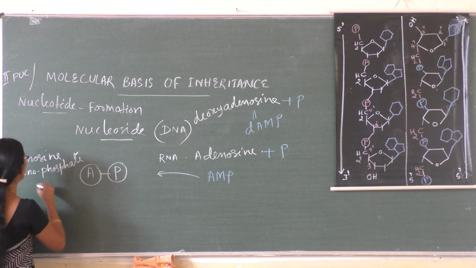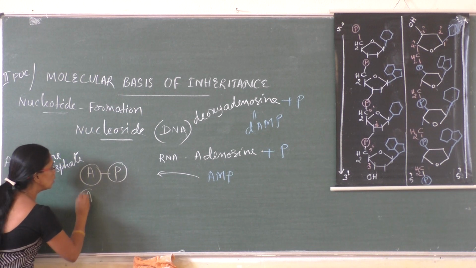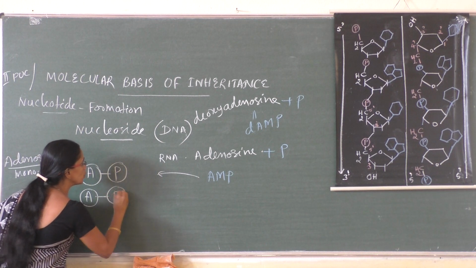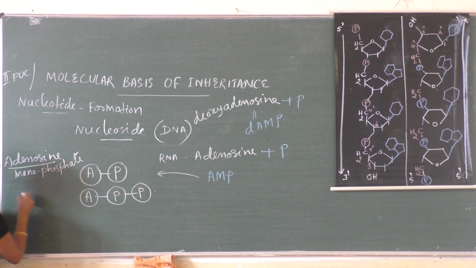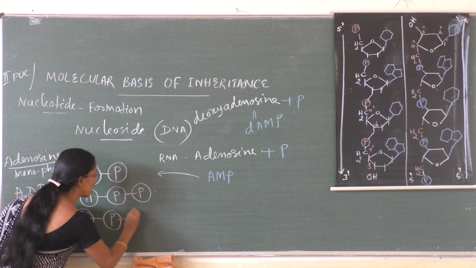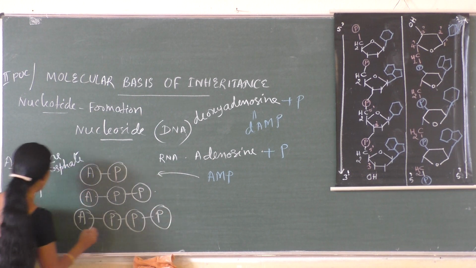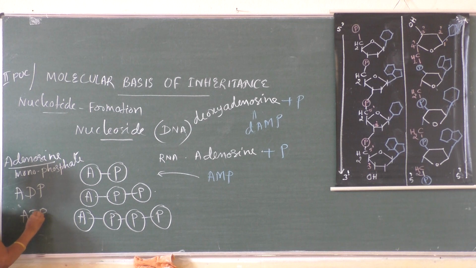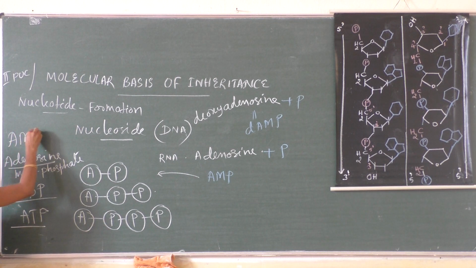Now think of adenosine again. To the adenosine, when two phosphates are attached, it becomes adenosine diphosphate. When three phosphates are attached, it is called adenosine triphosphate. So you study two more concepts: adenosine monophosphate, adenosine diphosphate, and adenosine triphosphate.